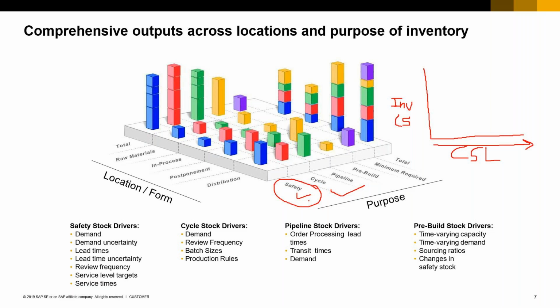So that's not a problem. Even the components that are there, so let's say that there is a BOM, right? In that BOM, in order to produce, there are several components. So for those components as well, you will be able to plan your safety stock or cycle stock or pipeline.